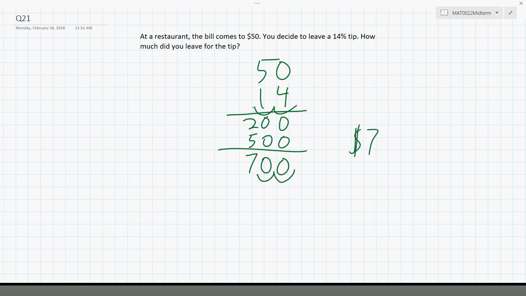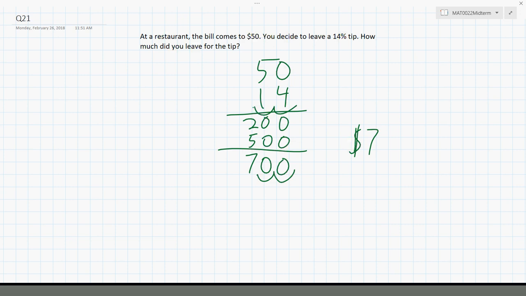How do I know that? Because say I went from $50 to $100, and I'm looking for 14%. So if I just took that in half, it would be 7. So it kind of checked out, and you could even do the math on it and go 7 plus 7 plus 7. You could add it up. Can be 50 times 14 over 100.